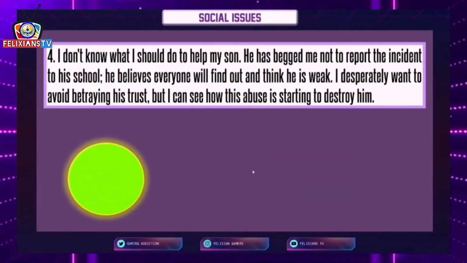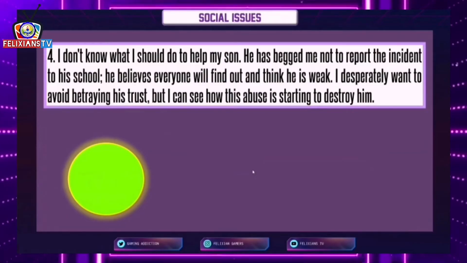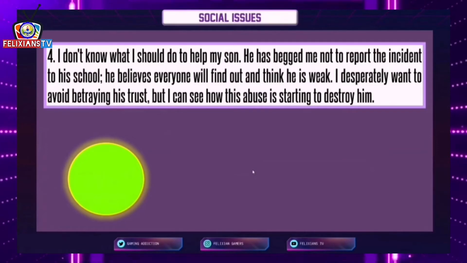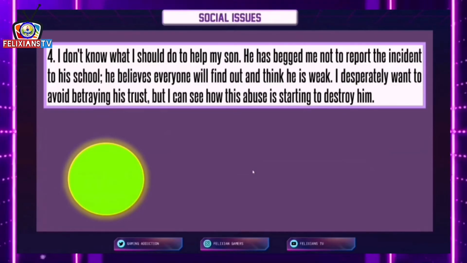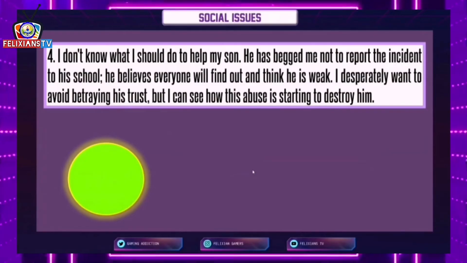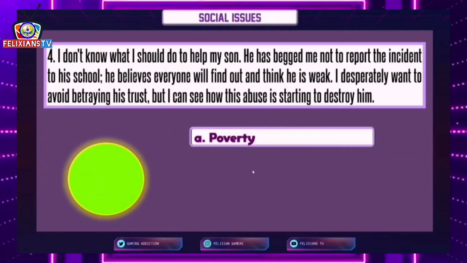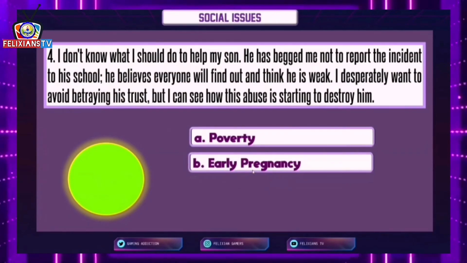I don't know what I should do to help my son. He has begged me not to report the incident to his school. He believes everyone will find out and think he is weak. I desperately want to avoid betraying his trust, but I can see how this abuse is starting to destroy him. A. Poverty. B. Early pregnancy.